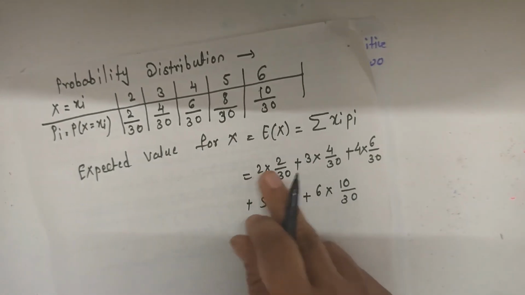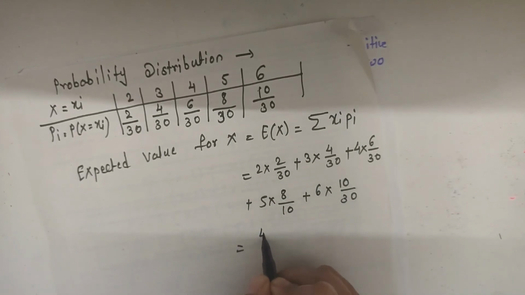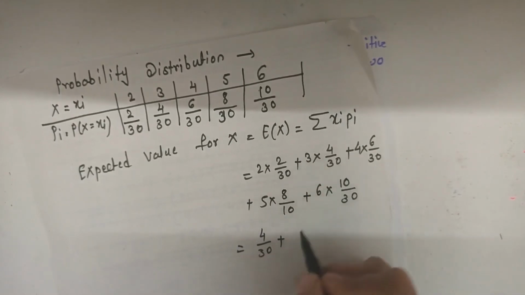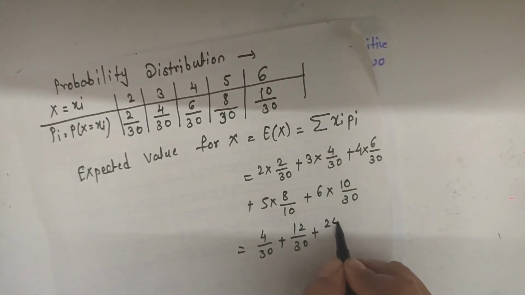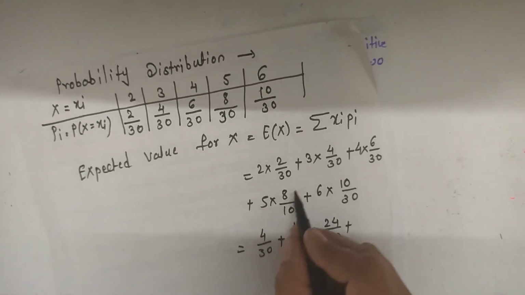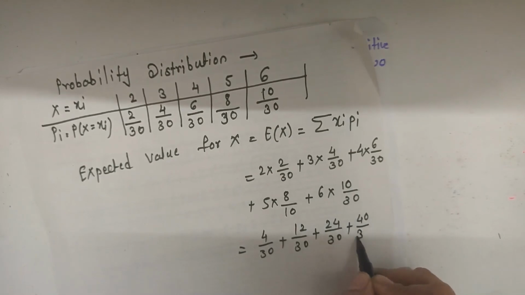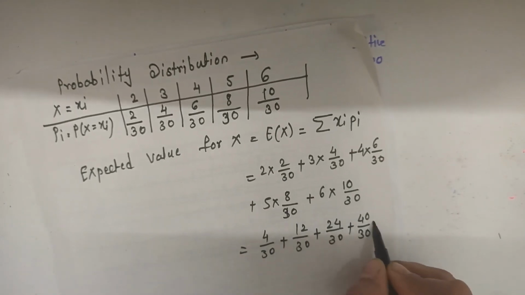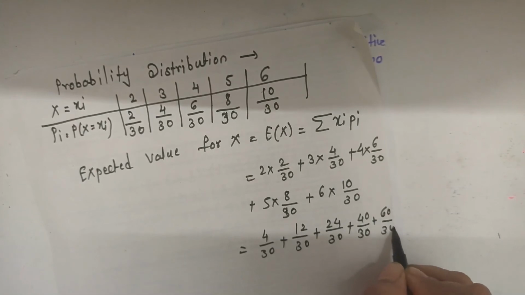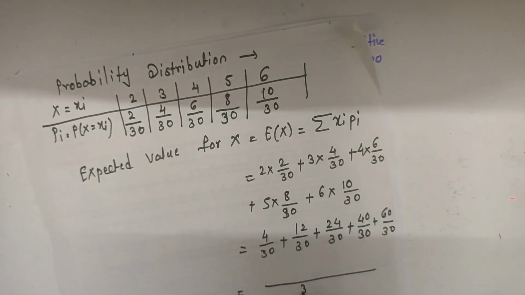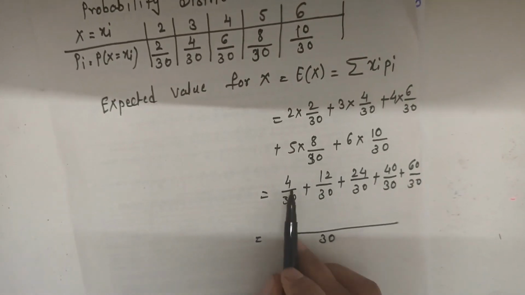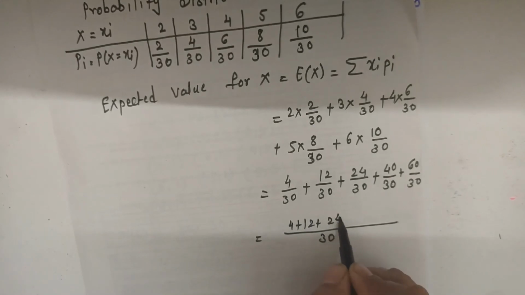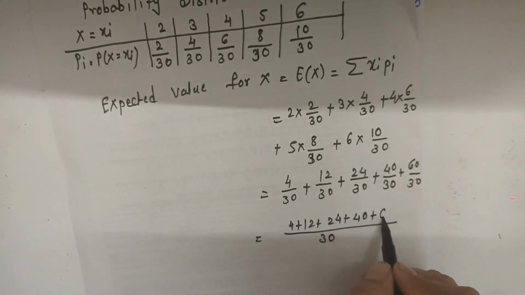Now calculating this: 2 into 2 by 30 is 4 by 30, plus 3 into 4, 12 by 30, plus 4 into 6, 24 by 30, plus 40 by 30, plus 60 by 30. Now the denominator is the same, 30, and the numerator's terms are 4 plus 12 plus 24 plus 40 plus 60.